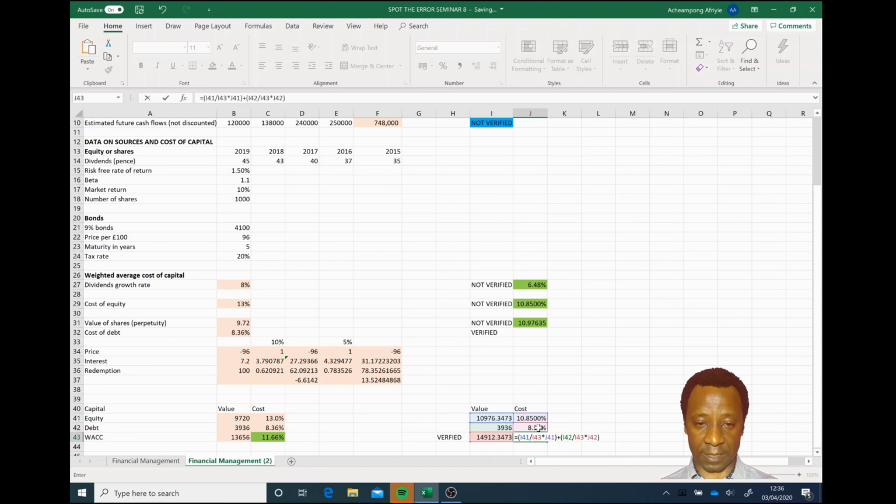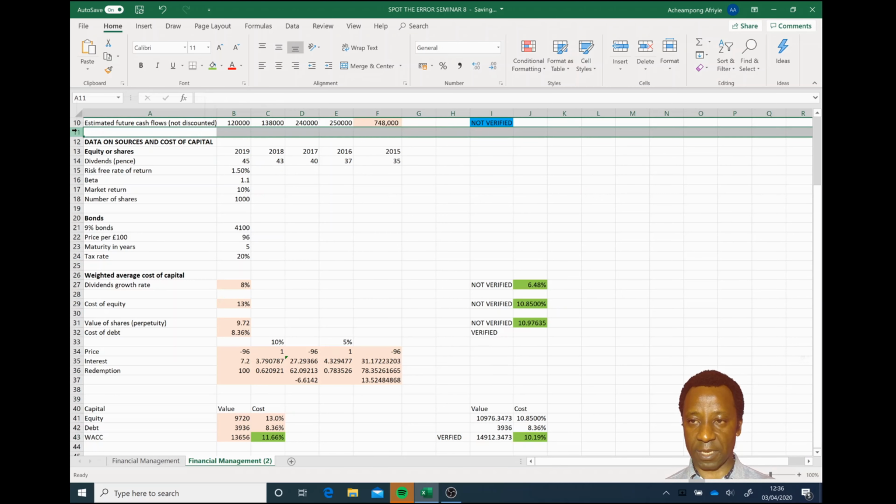Cost of debt after tax, isn't it? That's why they were taking the 20% off there. So that's fine, which means this should have been the weighted average cost of capital. And that is the figure that we need to discount these cash flows.